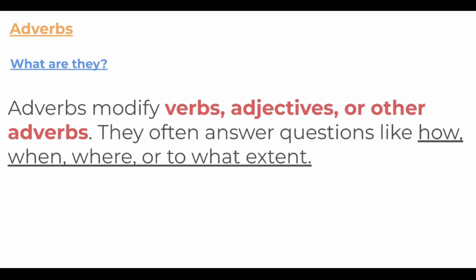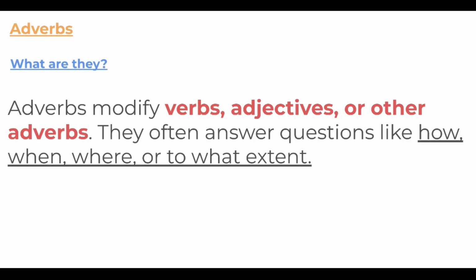Okay, there we go. So let's move on to adverbs. And this is the last section that we'll look at today. So we've done verbs, adjectives. So what are adverbs? Well, they modify verbs, adjectives, or other adverbs. So they're much more flexible in a sentence than adjectives.